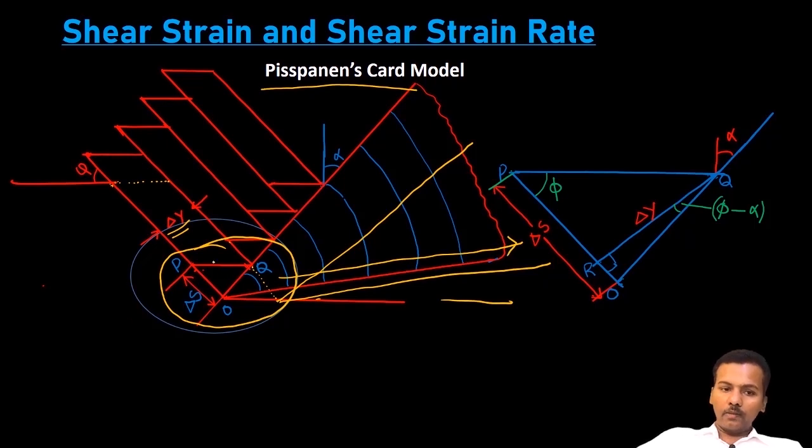Along the shear plane, the shear is going to happen, equal to delta S, and normal to this shear plane, as we have drawn in 2D, normal to this OP, the deformed thickness is delta Y. As you see, this line PQ is parallel to this line.